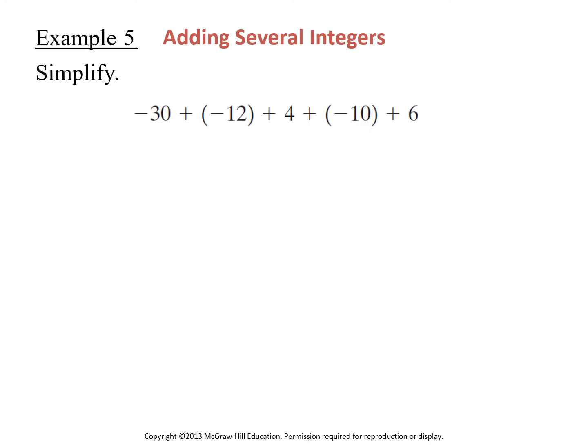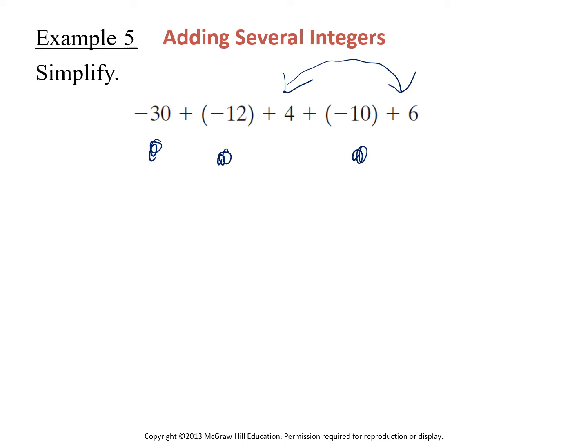If we're going to add several integers, remember that the associative property allows us to group the numbers any way we'd like. So if I'm adding these together, I would probably go ahead and add all the negatives together, and then I would add the positives together.